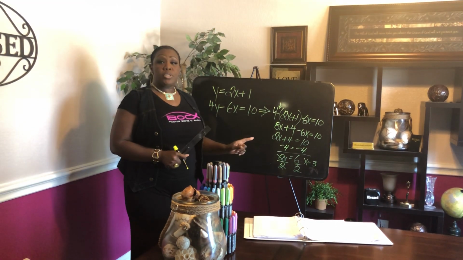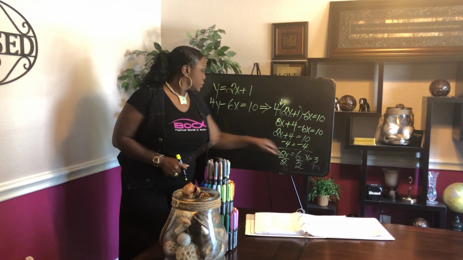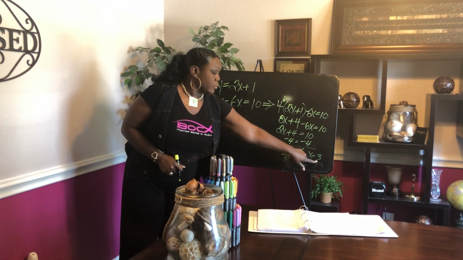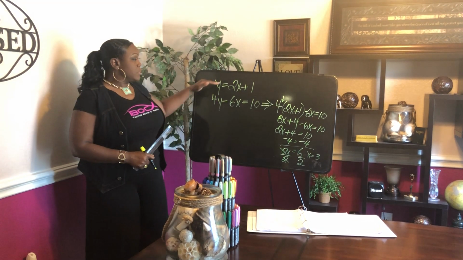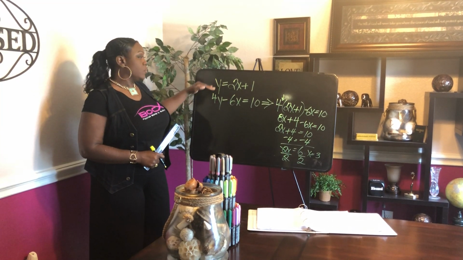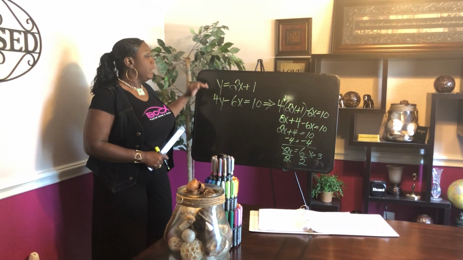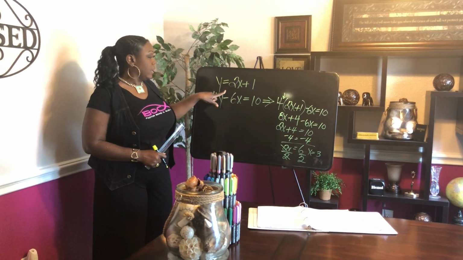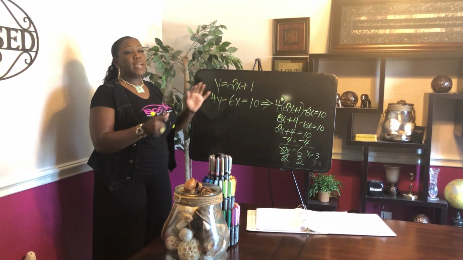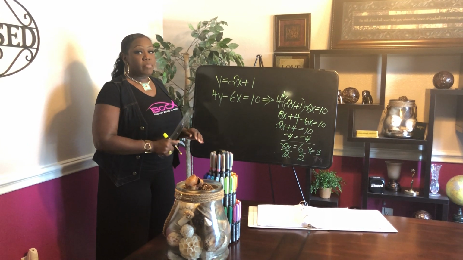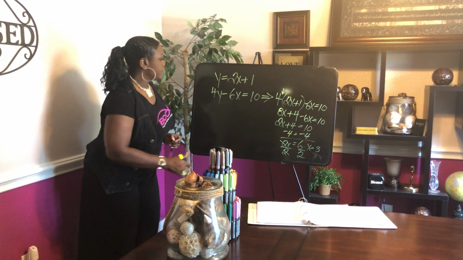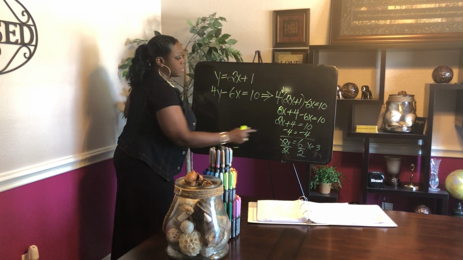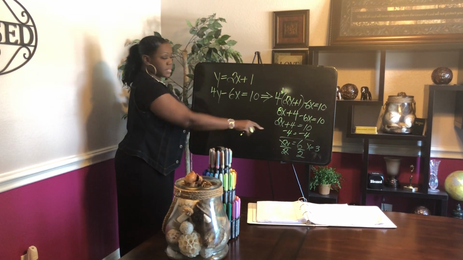Remember, we're doing substitution. So in order to solve for y, you have to substitute 3 for x. You can choose any equation that you want, because each equation has its own answer. We'll substitute x, and then we'll go back and check the other equation, so you can make sure your answer is correct. Since y equals 2x plus 1 is a simple equation, we'll plug in the value of x.